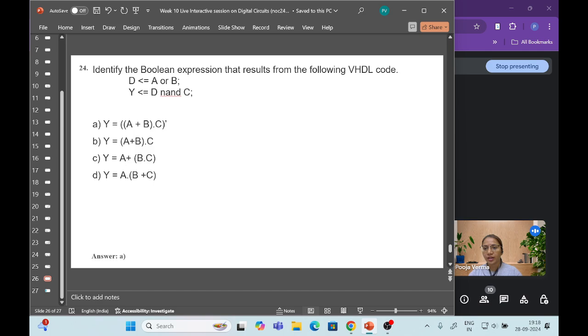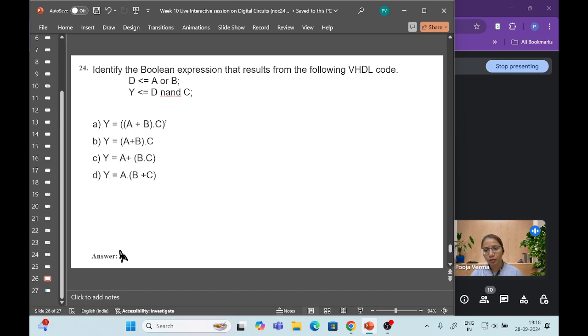Moving to the next question. Identify the Boolean expression that results from the following VHDL code. D is equal to A or B, Y is equal to D NAND C. Which expression will it give?